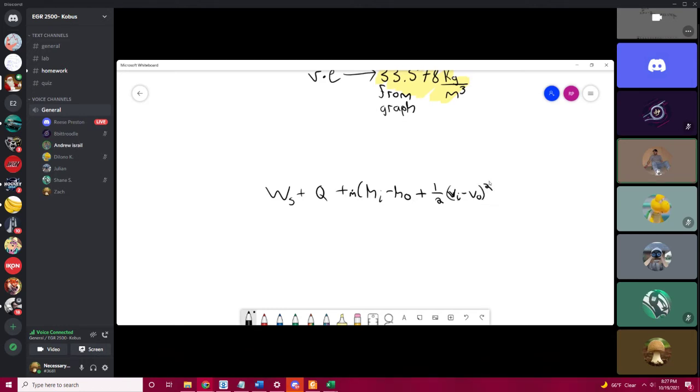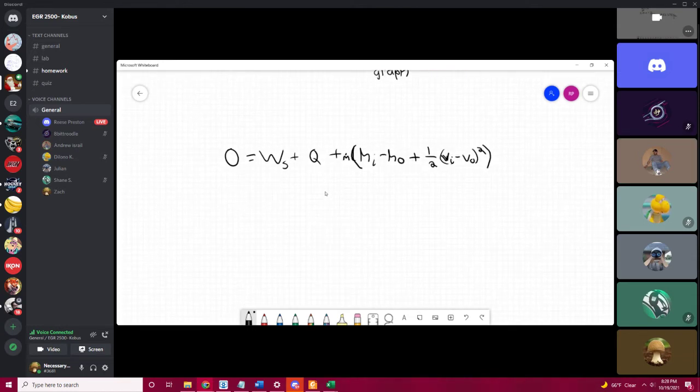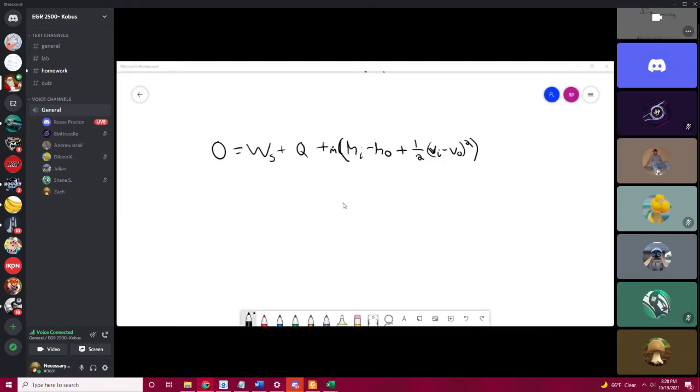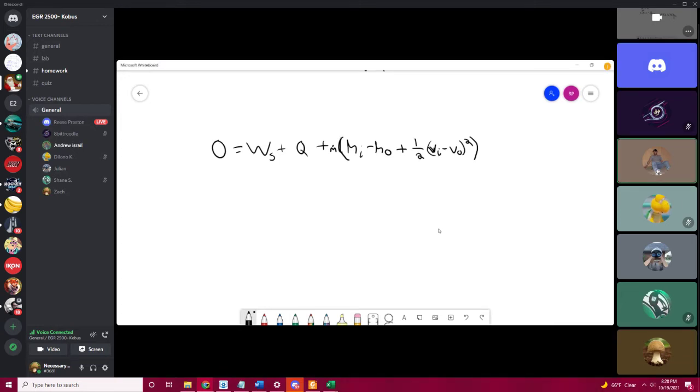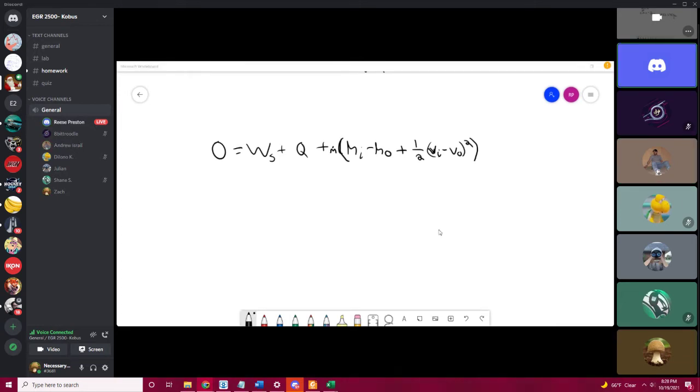And all that equals 0. Right. Okay. So shaft work, I have shaft work. I have negative Q out, correct? Because if you read it, it says the insulation around the turbine is removed for maintenance. So it loses heat.